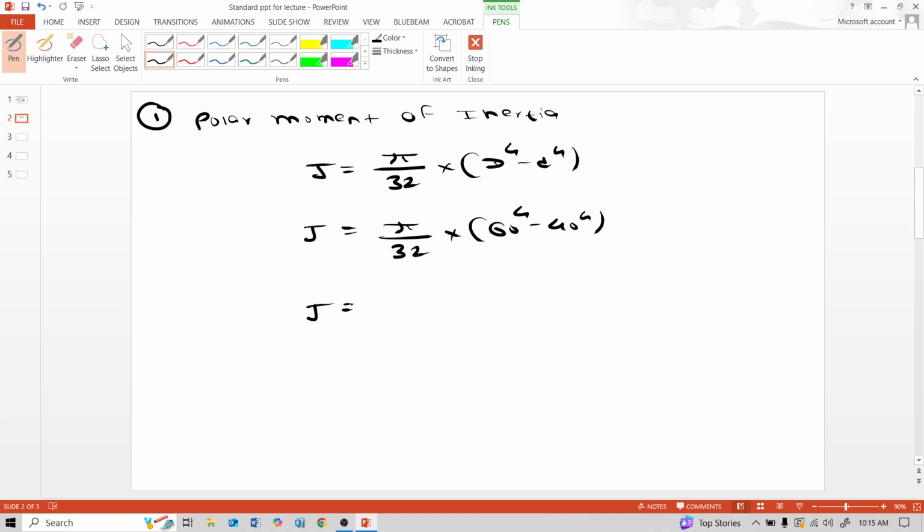So this polar moment of inertia value is 1.021 into 10 raised to 6 mm raised to 4.